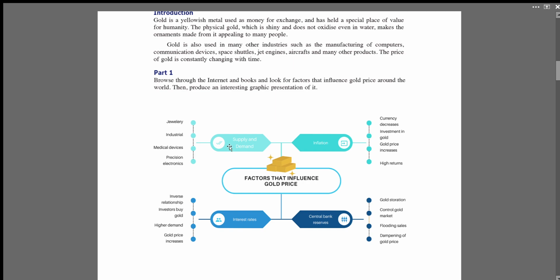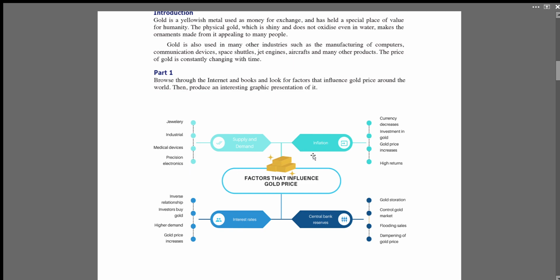This means that gold is needed in some fields like making jewelry or industrial fields. For industrial fields, there are products like medical devices and precision electronics that require gold to make.